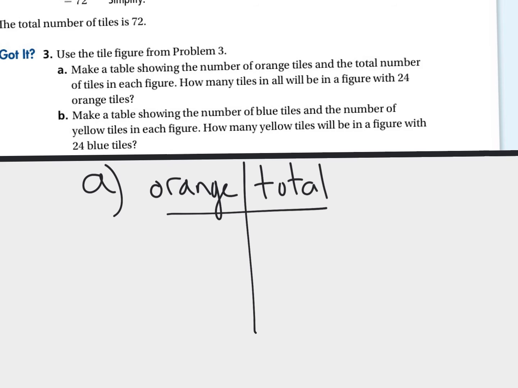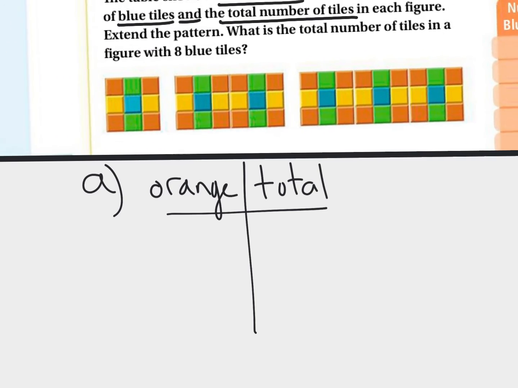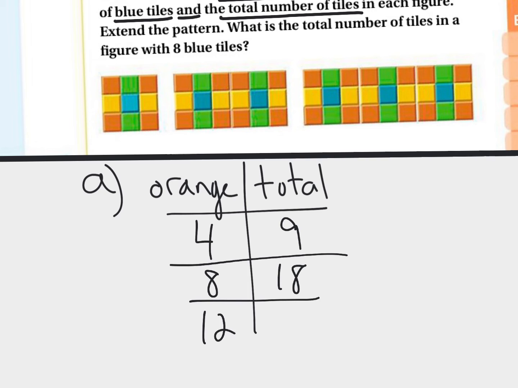So the first figure, if you go back and look at that, we've got 4 orange tiles and 9 total tiles. The second one, we've got 8 orange tiles and 18 total. The third one, we'd have 12 and 27. Okay, and that's probably good enough if we're doing a table here. If we want 24 orange tiles, we could just keep going until we get to that point.